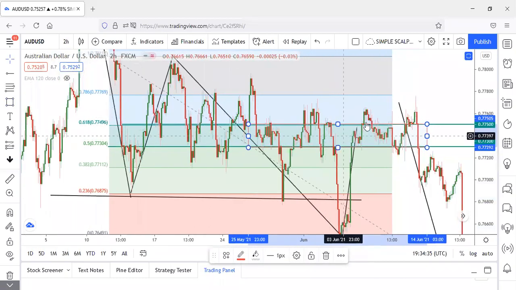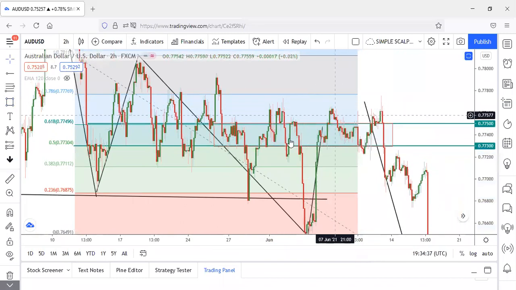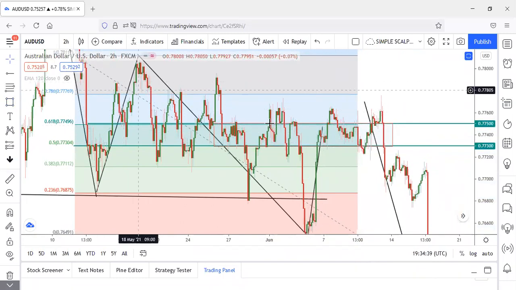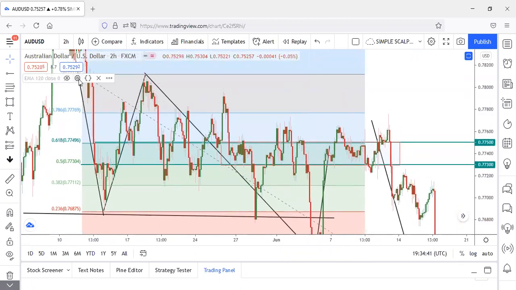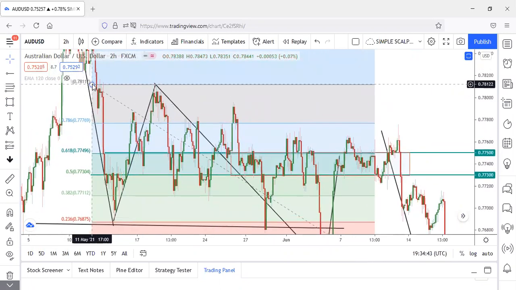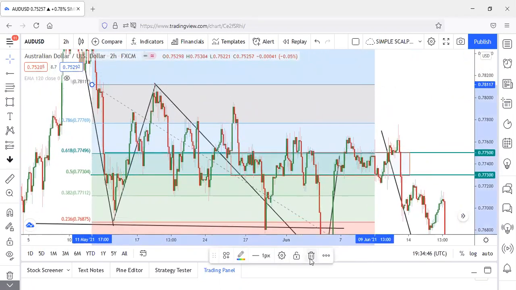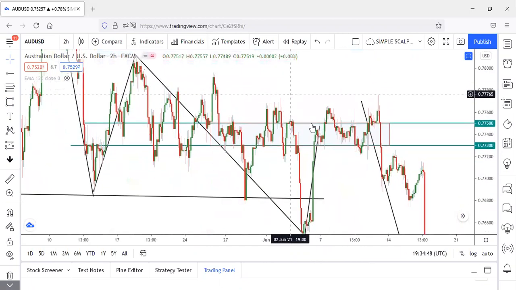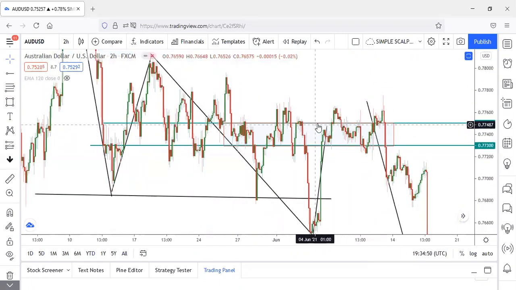That is the area you want to start looking out for your trade. So let me take this away. We already know where the 61.8 is, so that it can be clear to a lot of you guys. This area is known as the golden area between 50 and 61.8.